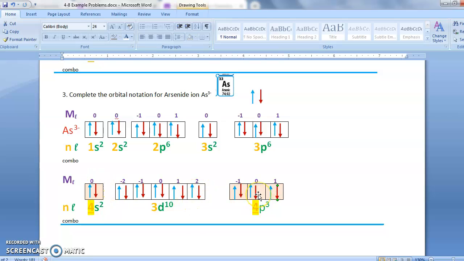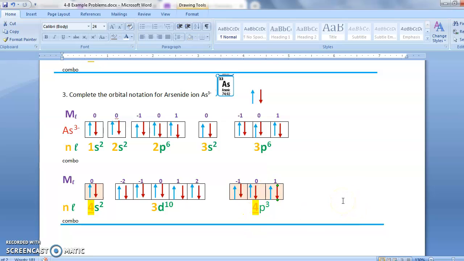The outermost P is now full. Chemical stability comes, as we can see, it now has the same orbital notation as krypton would have, which is number 36. The noble gases have their S filled in the case of helium, and the noble gases will always have their outermost S and P full.